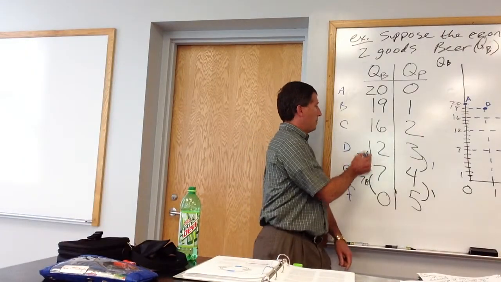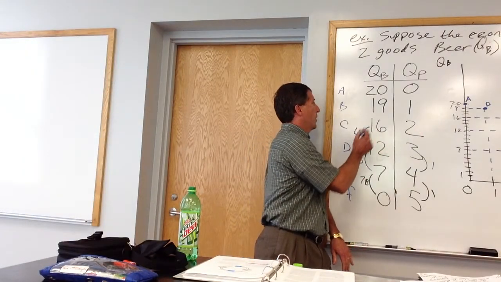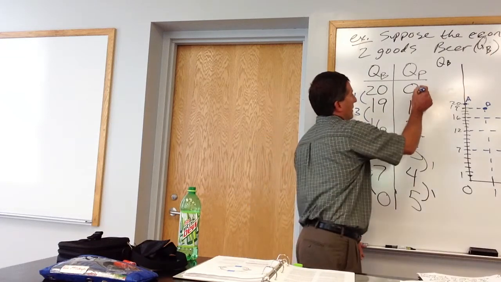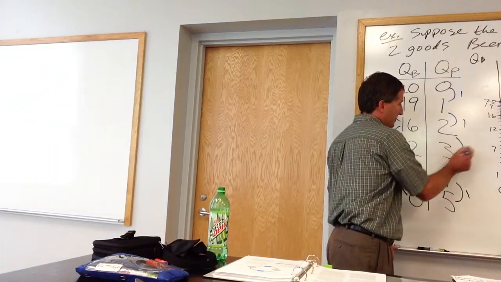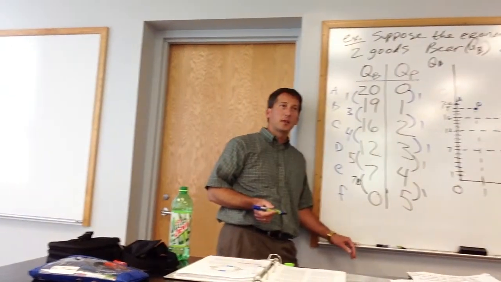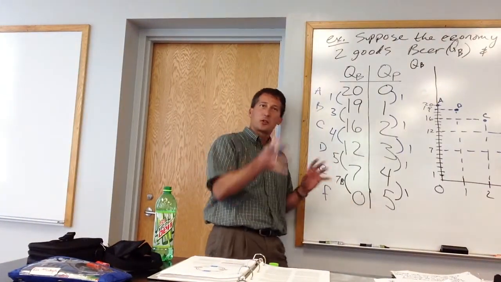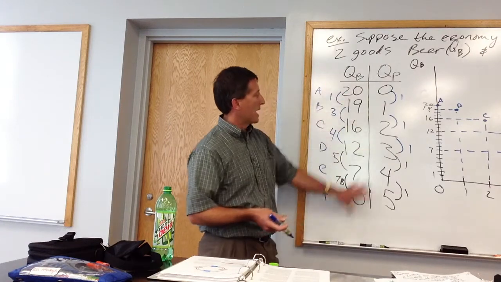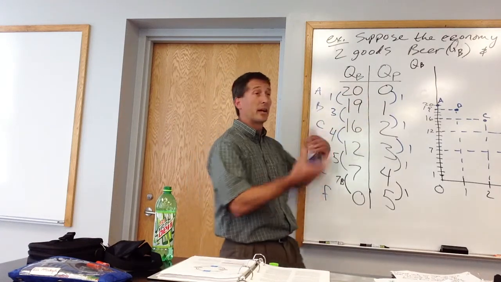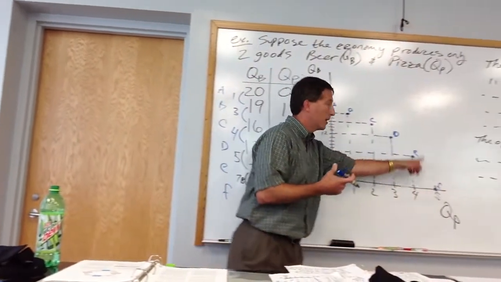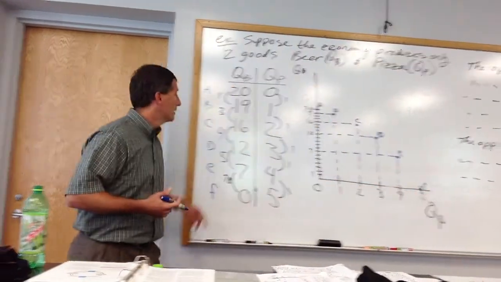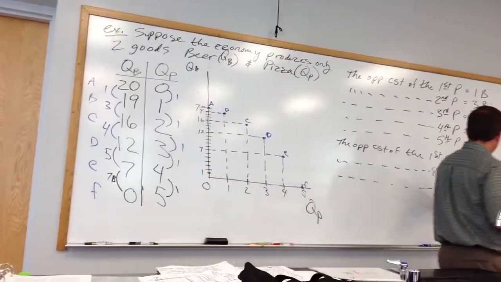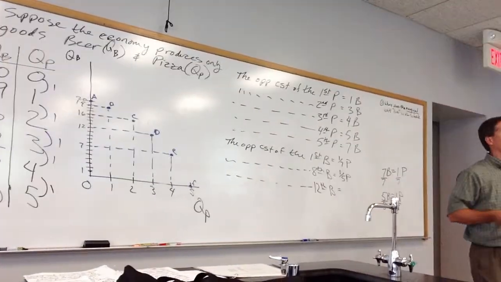So we go from 12 to 16 as 4, 3, 1, 1, 1. Now you get that feel of the trade-offs that are going on as we move down the schedule, or equivalently as we move along the curve. So the opportunity cost of the 12th beer is 1/5.